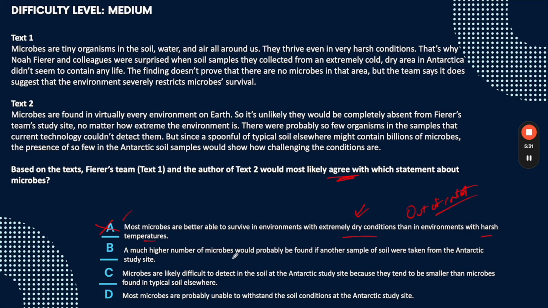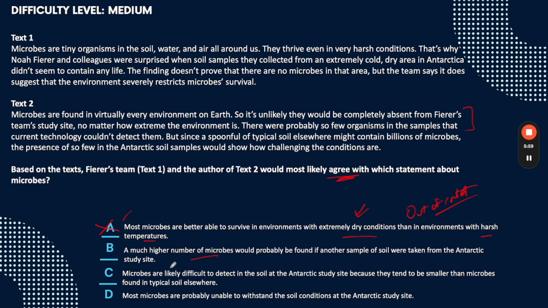B, a much higher number of microbes would probably be found if another sample of soil were taken from the Antarctic study site. Now, text 2 did talk a little bit about the soil sample, right? But text 2 never mentioned that if you take the soil from some other place, you will be able to find a lot of microbes, right?